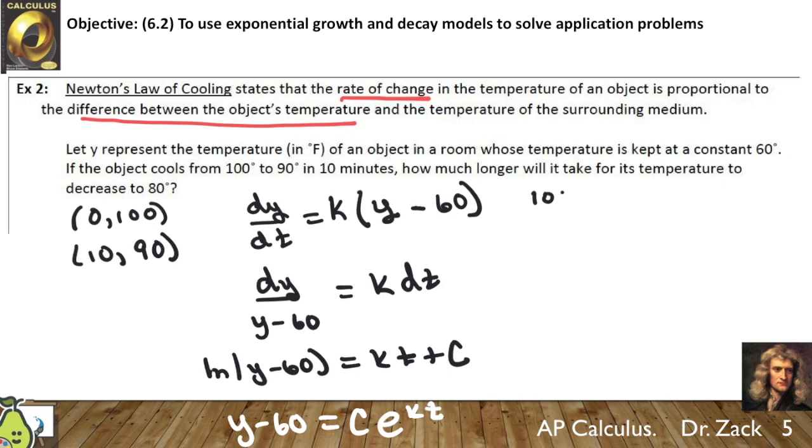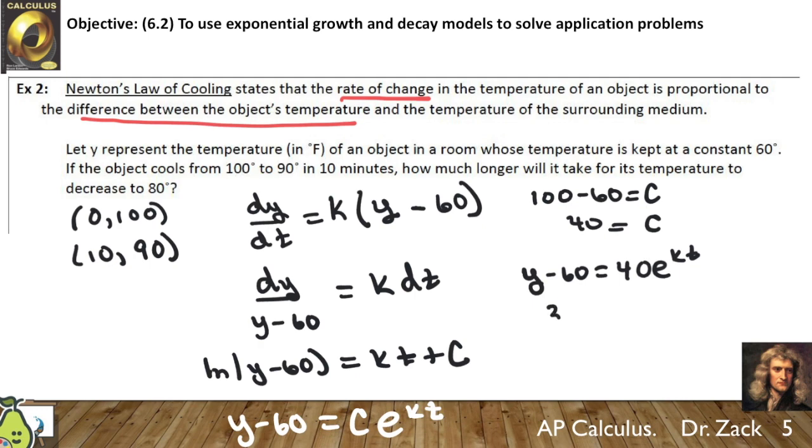We know that 100 minus 60 must be equal to c e to the 0, and so c is 40. Rewrite our problem. We have y minus 60 equals 40 e to the kt. Now we need to figure out what is that k value.